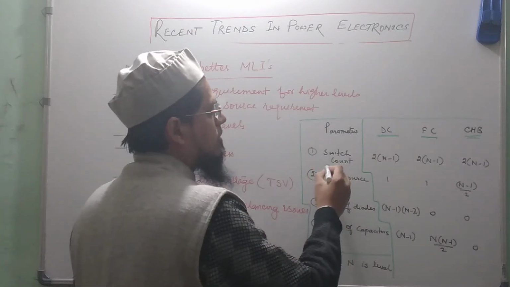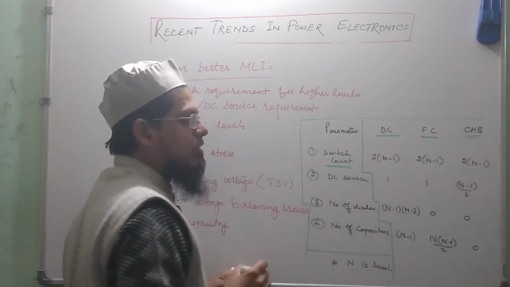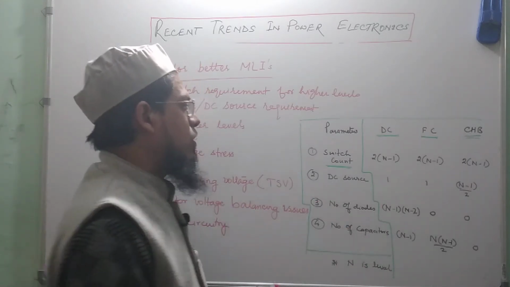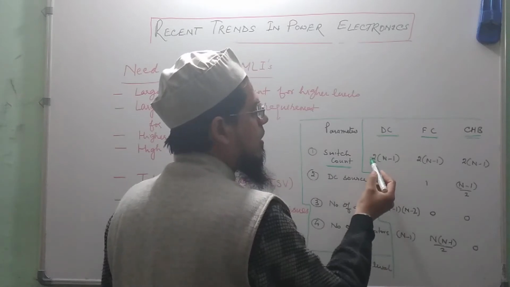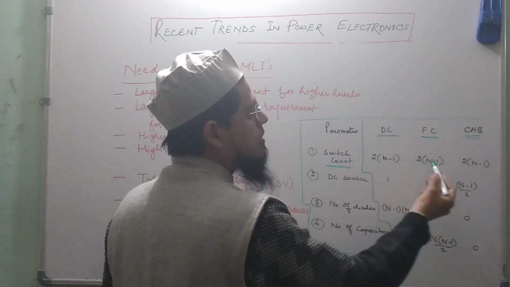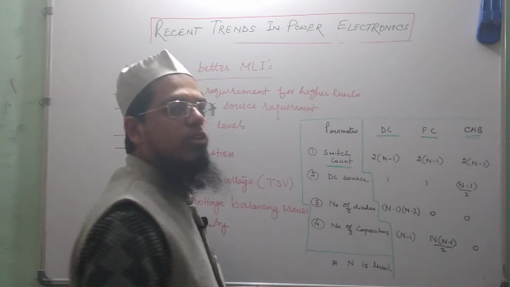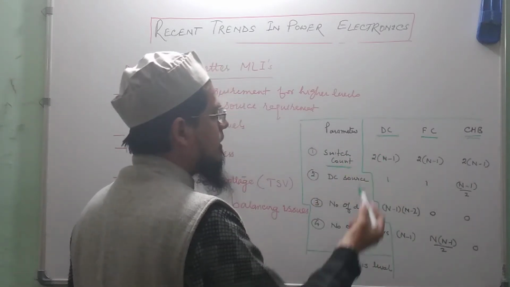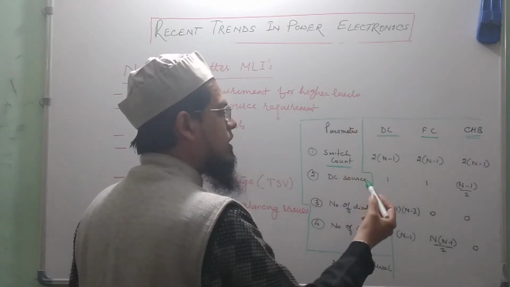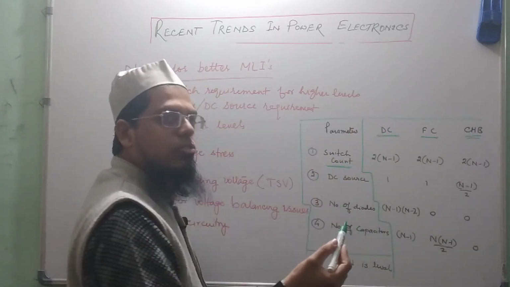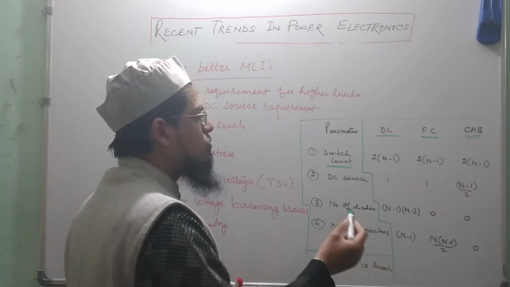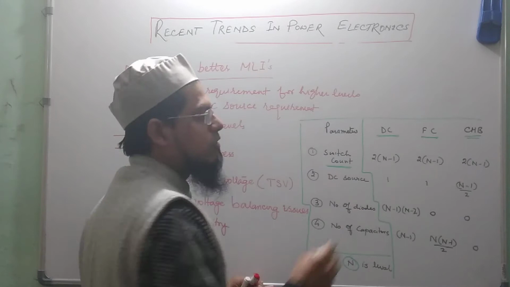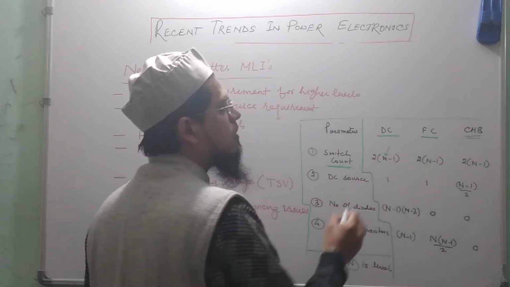Let's take the first parameter, the switch count, the number of switches required to generate multi-level output. This formula, 2(n-1), is common in all the three types of converter. It is the number of switches, the IGBTs or the MOSFETs, required to generate n levels in the output voltage waveform, where n refers to the number of levels.